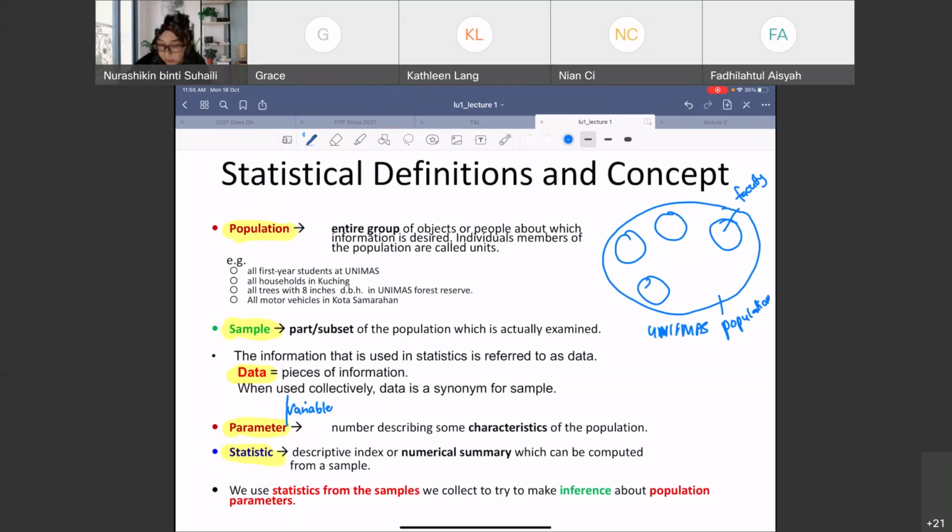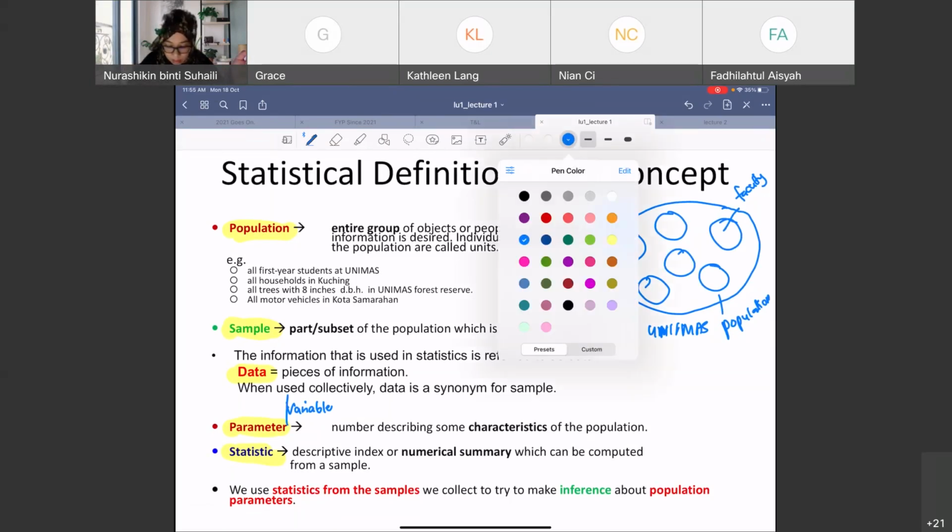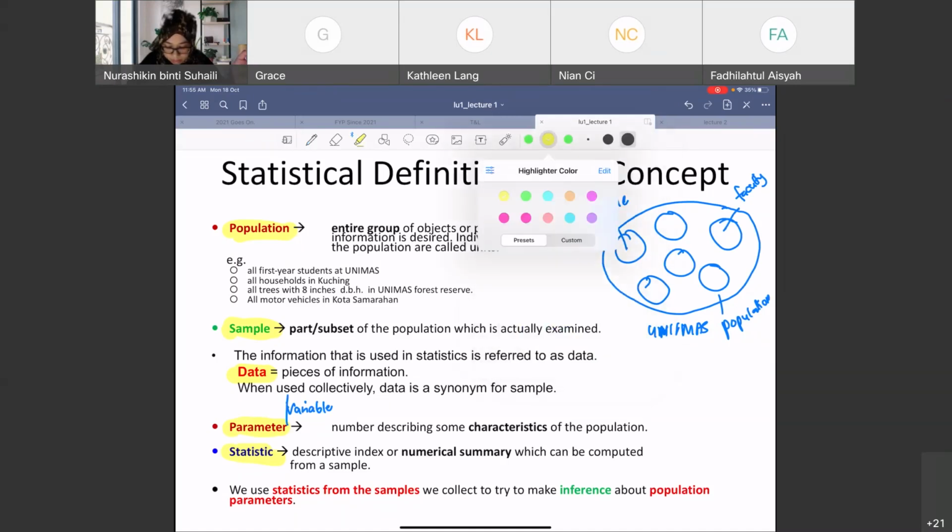Let's say the Unimas population has many faculties. Now the faculty is the sample. Inside the population we have a small portion, a subset, and that is the sample. A subset is a smaller portion of a population.